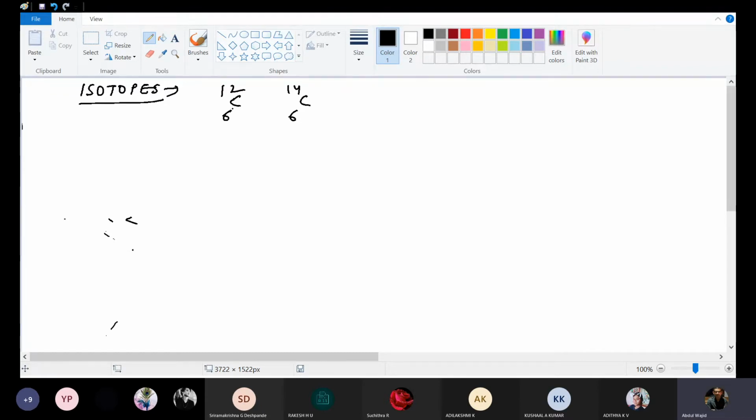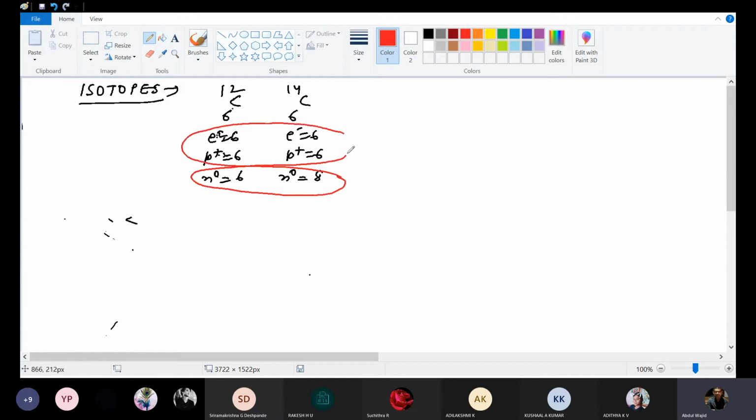These are two isotopes of carbon. See here, electron is 6, proton is 6, and neutron will be 12 minus 6, that is 6. And here electron will be 6, proton will also be 6, and neutron will be 14 minus 6, that is 8. See here, in these two isotopes, the number of electrons and protons are same, but neutrons are different.